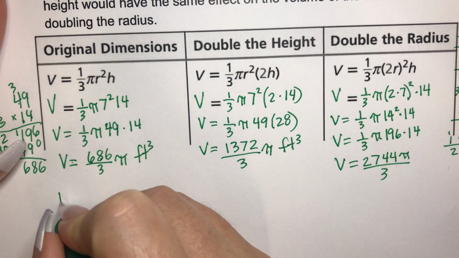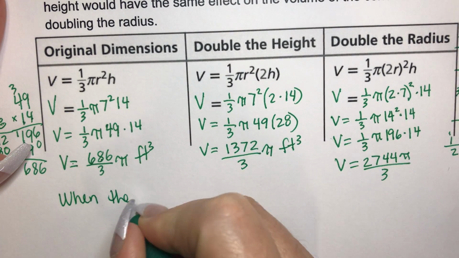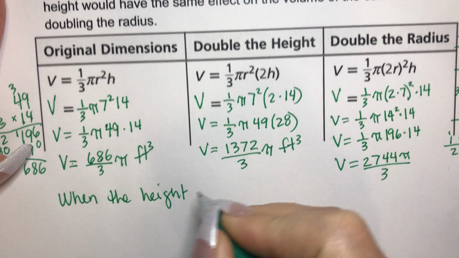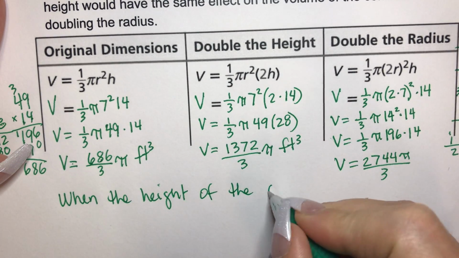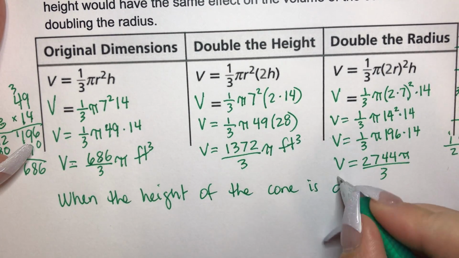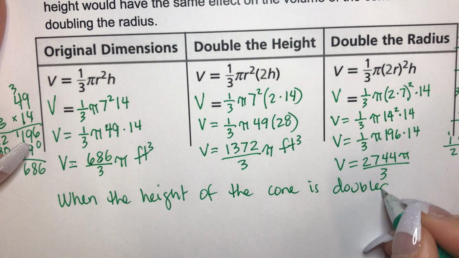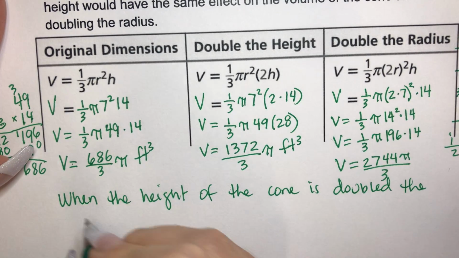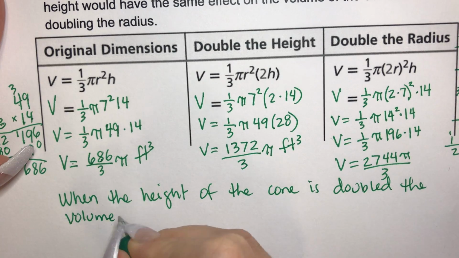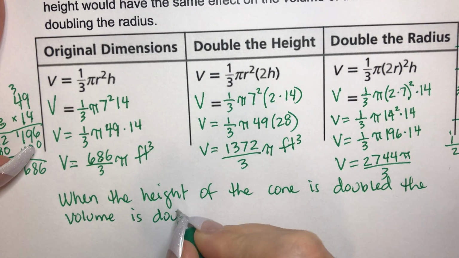When the height of the cone is doubled, the volume is doubled.